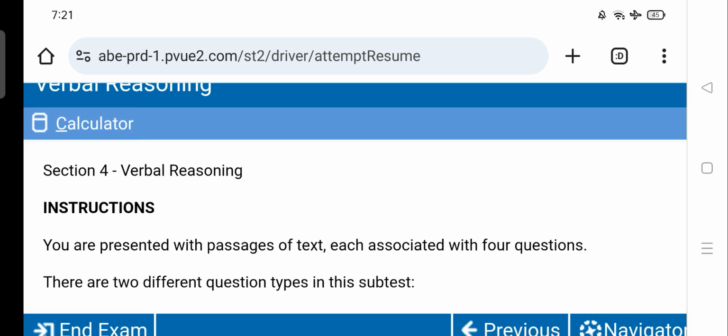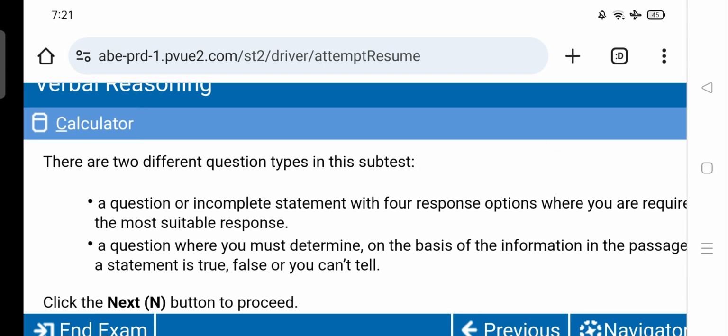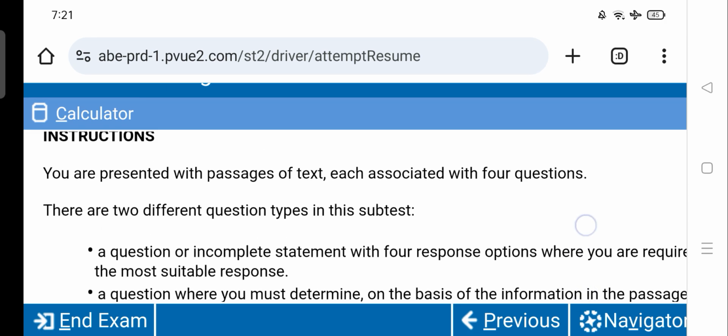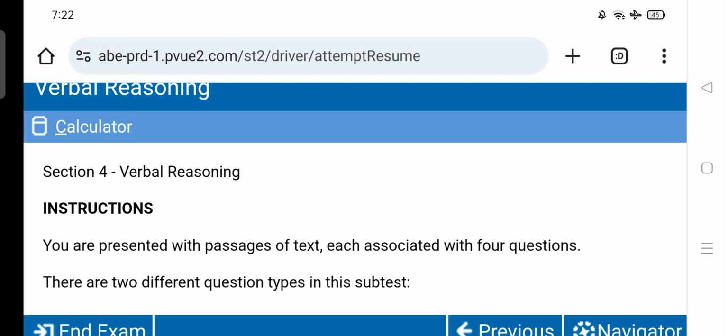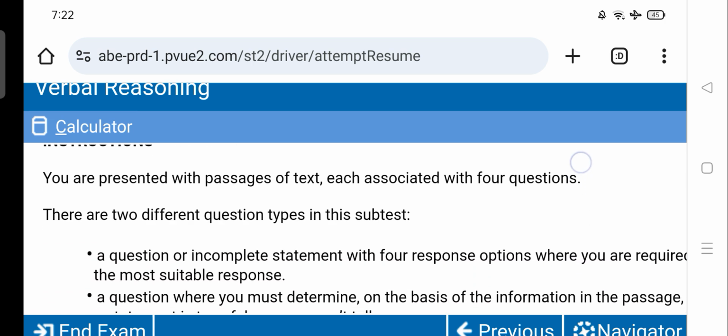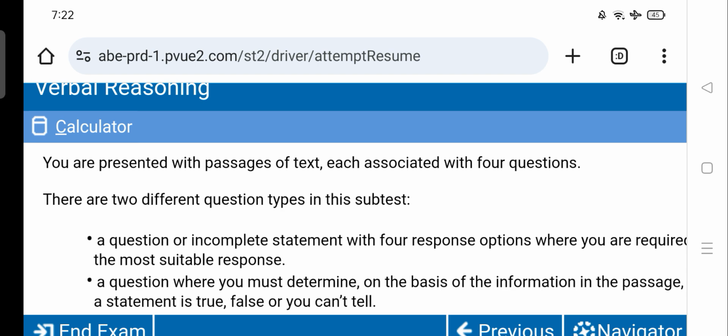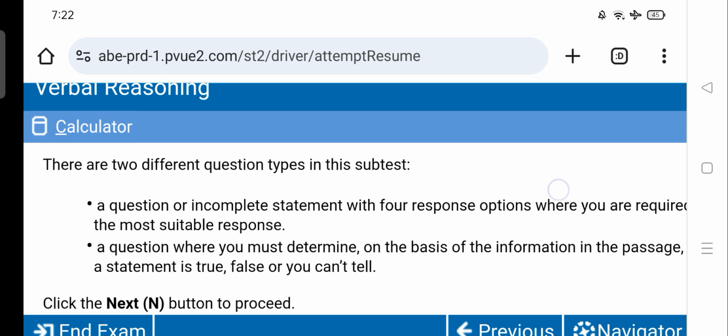Section 4, verbal reasoning. Instructions. First we have some instructions about which type of questions can be included in this section. You are presented with passages of text, each associated with 4 questions. There are 2 different question types in this subtest.